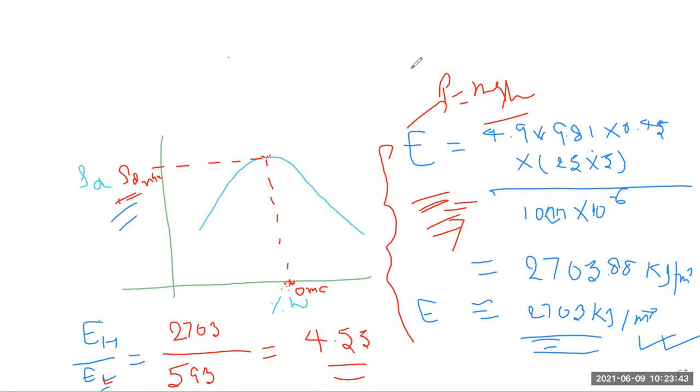So after performing the test for the soil specimen, its bulk density is found. How do we calculate bulk density? Bulk density is mass by volume. Mass is the mass of soil in mold and volume is the volume of soil in mold.